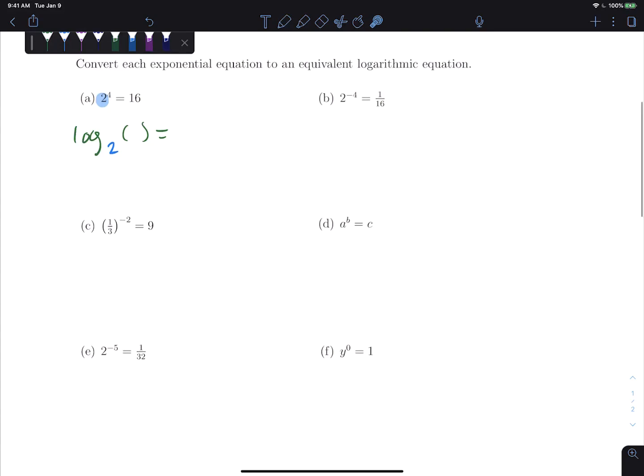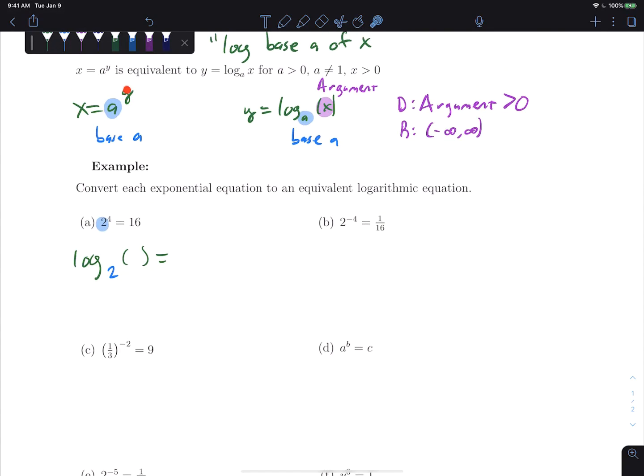Now, the reason that we have logarithms is to get the y out here by itself. That's very important, because sometimes we need to get to the exponent in an exponential in order to solve an equation.